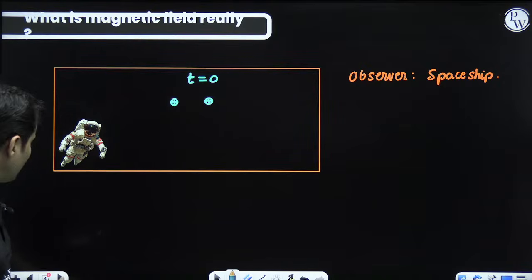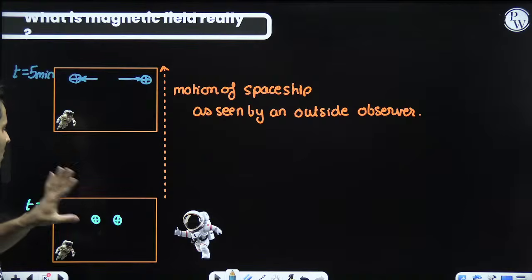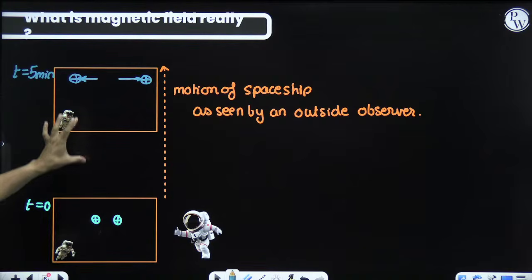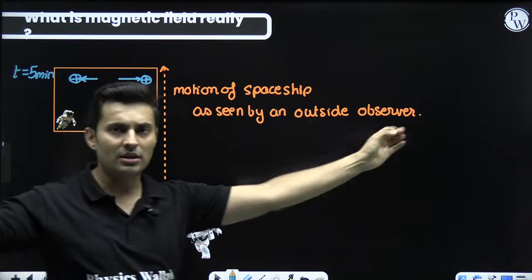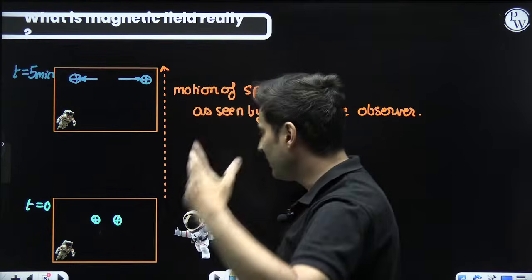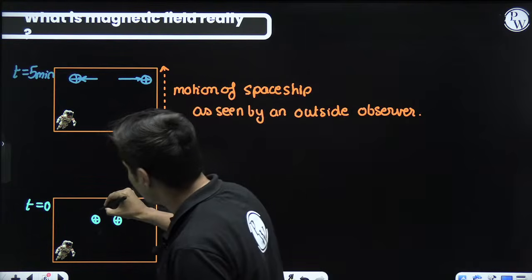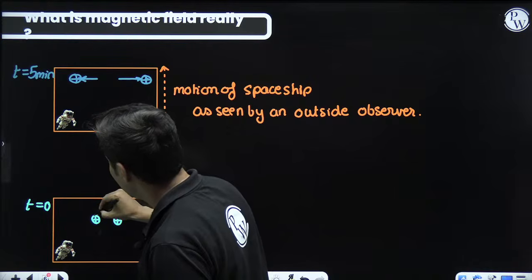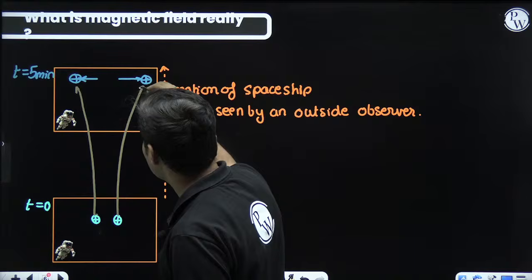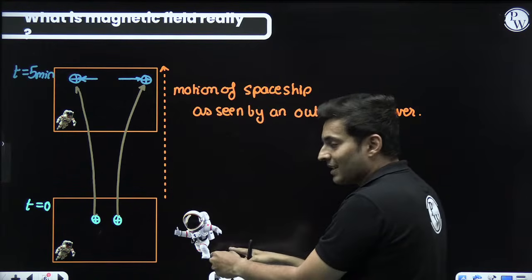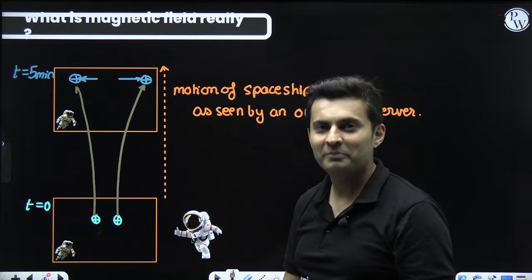Initially it was here. After 5 minutes, they have moved apart by some amount. So as this observer makes his independent observations and sees those charges moving apart, one can think, sir, I got to know what is happening. This charge is moving like this, and this charge is moving like this, for an observer outside.